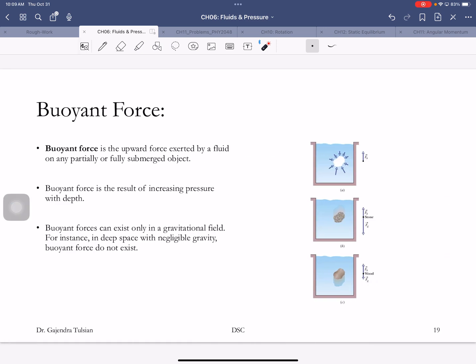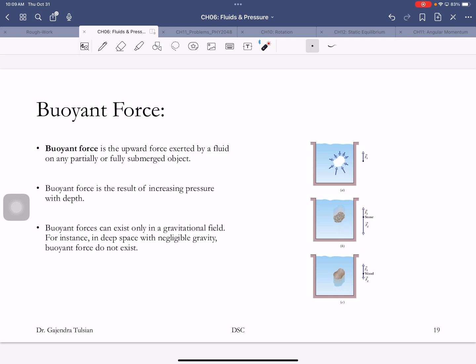All right, so you saw that if you go underwater, the pressure increases. The pressure down here is higher than the pressure there. So if you immerse any object in a fluid, it will feel an upward force. That's called a buoyant force. There's the weight from gravity and there's the fluid pushing you up. If the weight is greater than the buoyant force, then the object will sink. A stone will sink.